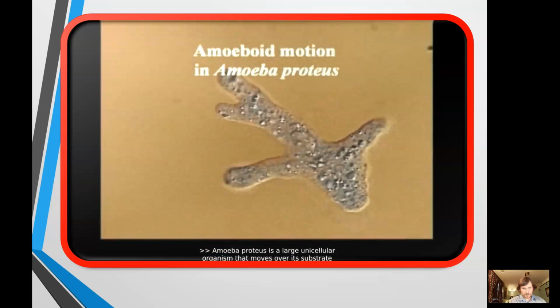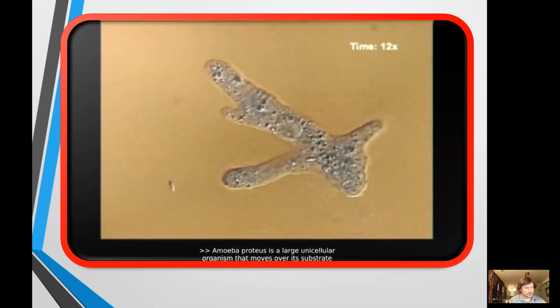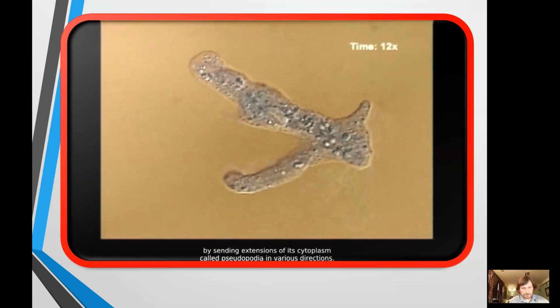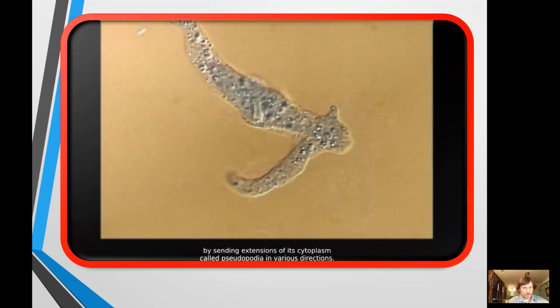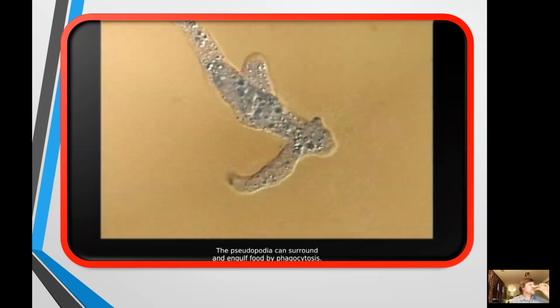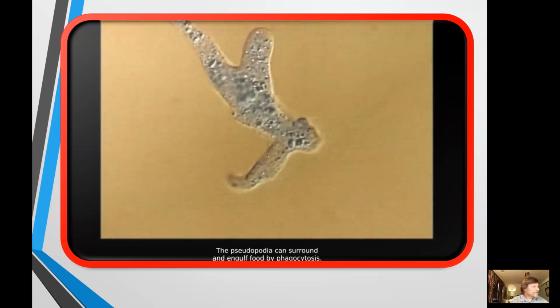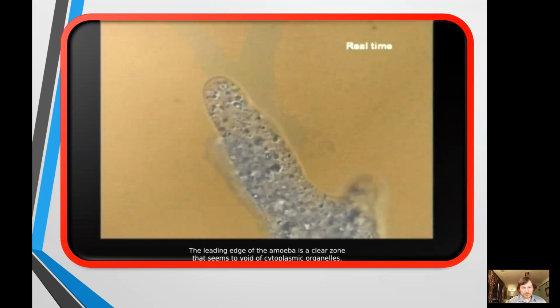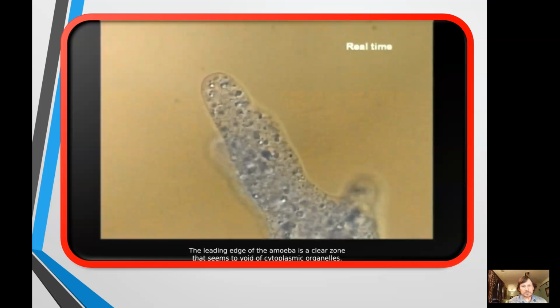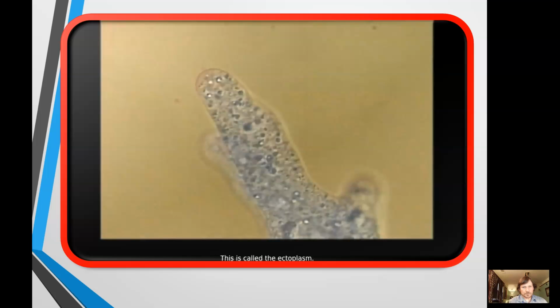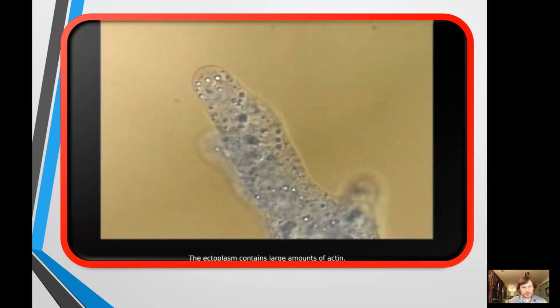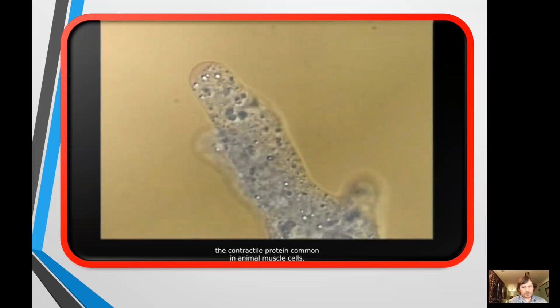Amoeba proteus is a large unicellular organism that moves over its substrate by sending extensions of its cytoplasm, called pseudopodia, in various directions. The pseudopodia can surround and engulf food by phagocytosis. The large leading edge of the amoeba is the clear zone that seems devoid of cytoplasmic organelles.